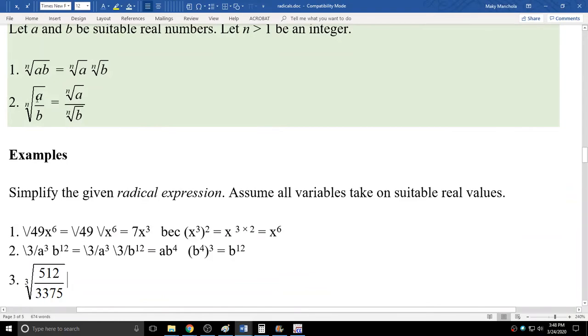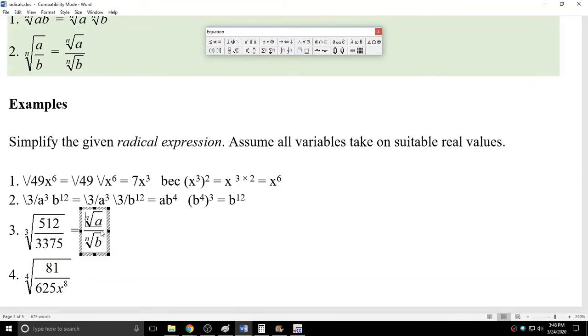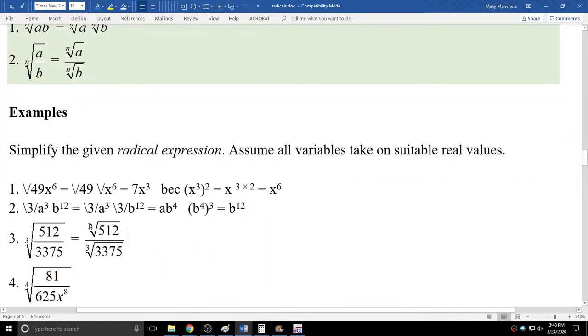When I have an nth root of a fraction, I break it into a quotient of roots. So this is the same as the cubic root of 512 over the cubic root of 3375. Now you just have to individually do these two calculations.